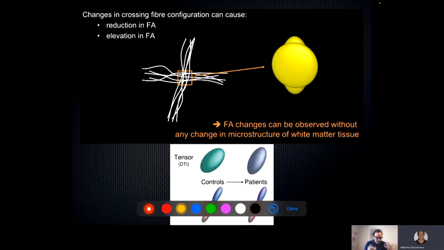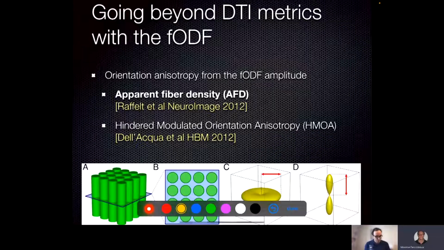So suddenly we can investigate a little deeper, going beyond DTI measures, and this has been coined either apparent fiber density or hindered modulated orientational anisotropy. A lot of now, the term AFD has seemed to win a little bit in the literature in terms of names.